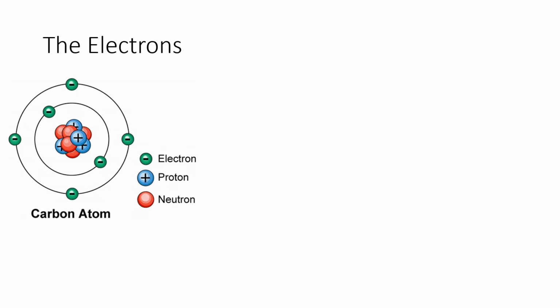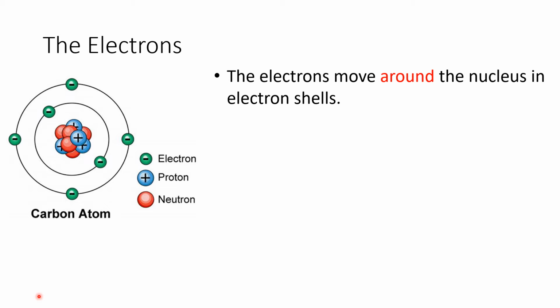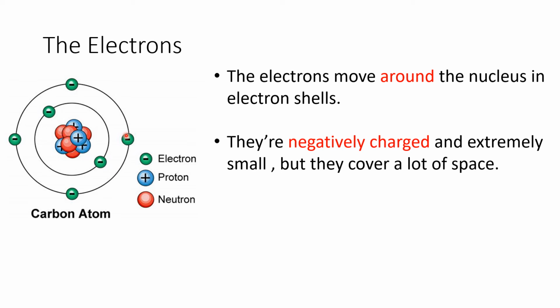The electrons. As we can see from the diagram from the previous slide, electrons move around the nucleus in electronic shells. In our first electronic shell, which is shaped as a circle, we have 2 electrons. In our second electronic shell, we have 1, 2, 3, 4 electrons.